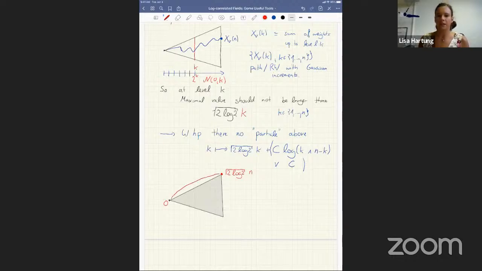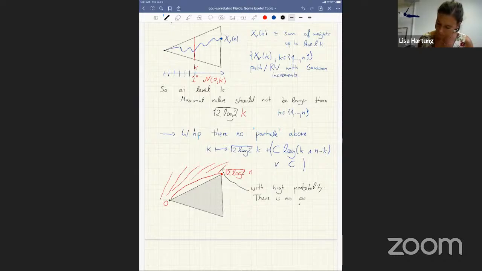So I give myself a little bit of space over this linear curve, and what we just learned says that with high probability, there is no particle in this region.